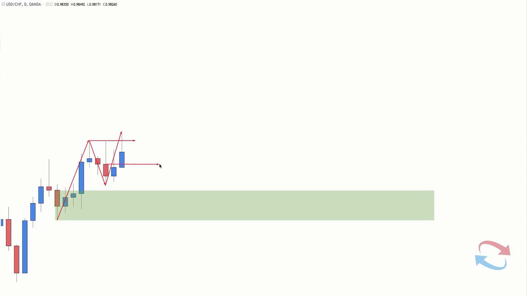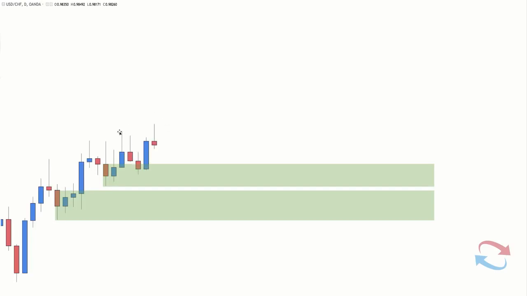And then this level here, the last bearish candle in the sequence before prices make a new high, is where we're going to draw our demand zone, and that's where we would draw it.